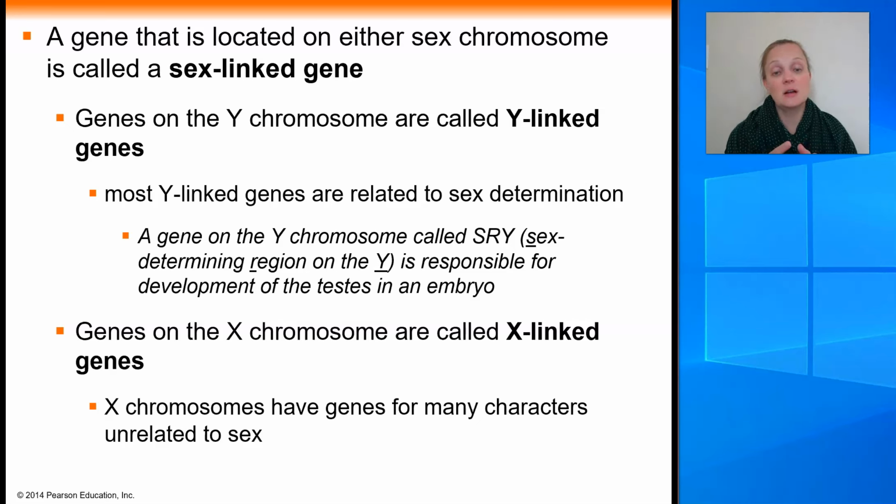And so some of those cells will go down the path of developing into your reproductive system. And during development, the male and the female reproductive systems up to a certain point look absolutely identical. So if you were to stop the development of a human embryo at that point, you would not be able to tell just by looking at it whether that embryo is going to develop into a male or a female.